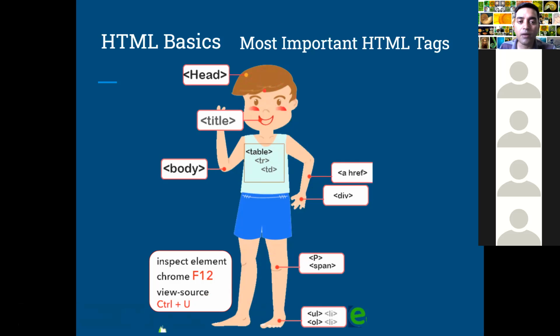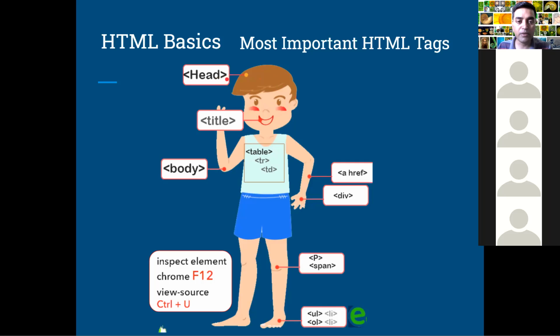Likewise, inside the head in an HTML page, we add different kinds of things like title, which is the name of the page. Then we can add different external links, CSS link, JavaScript link, all the necessary things which are essential for a healthy human body or healthy human movement are stored inside this head tag. Is it clear?